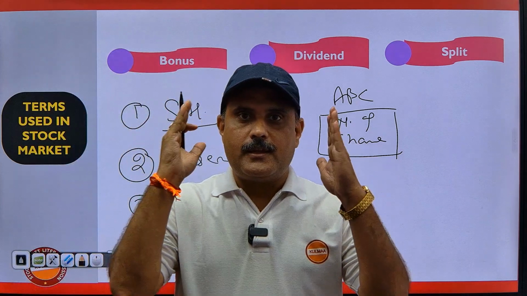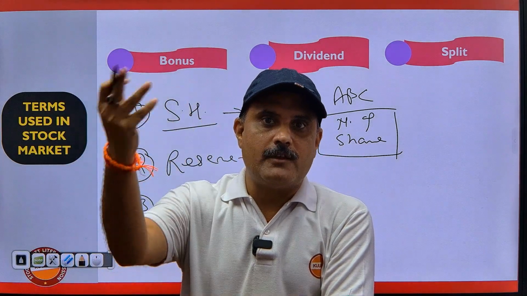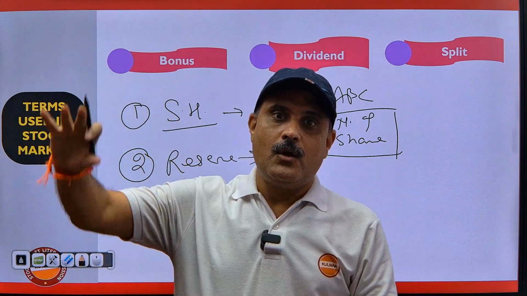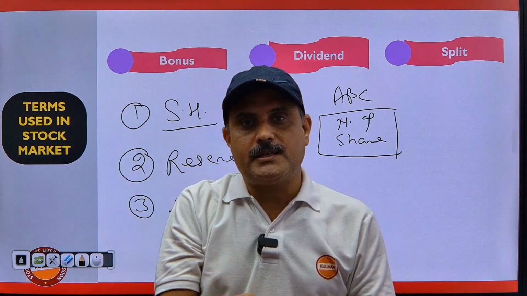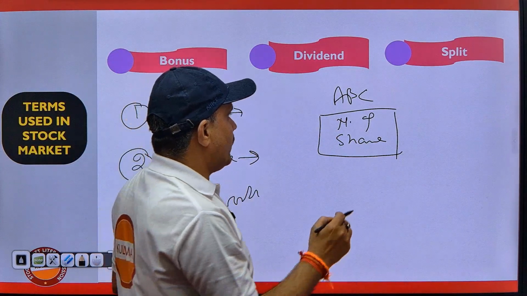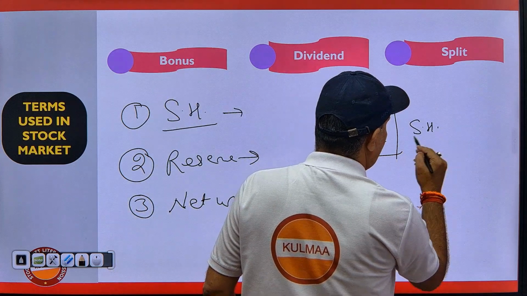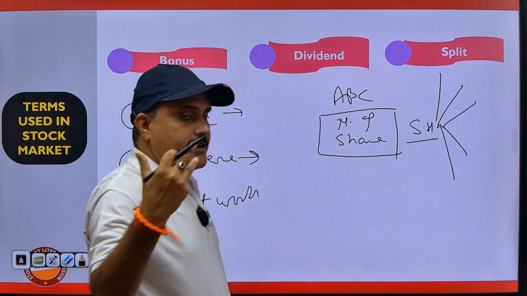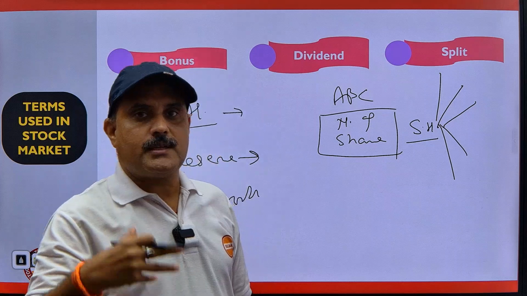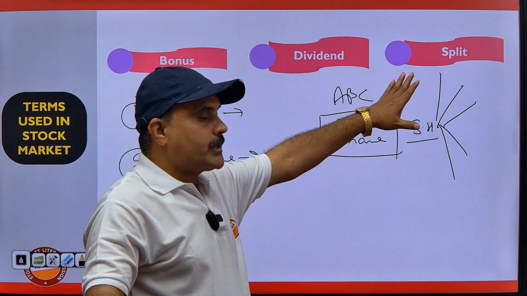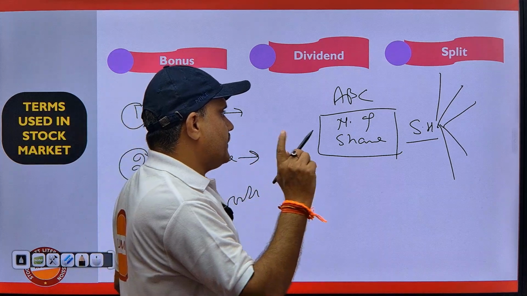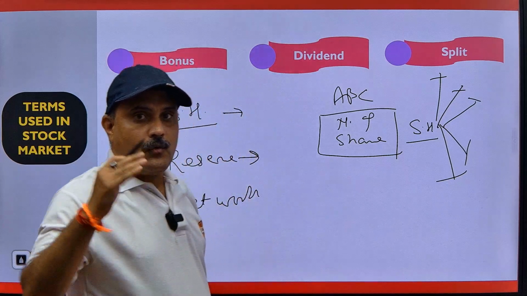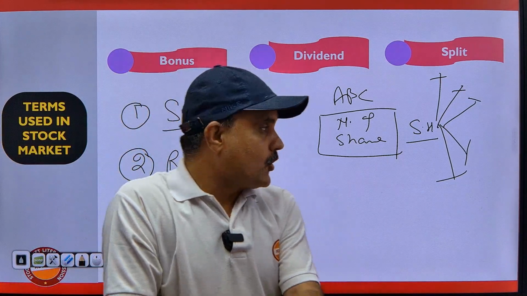There is a rule that if any company wants to list itself on the stock market, it has to list at least 25% of its shares on the stock market, and that 25% share will be known as the shareholding. Okay, and it will be distributed. That means as a retail trader, we can purchase 1 share or 1 lakh shares like that, or an institution can also purchase, but that 25% share will be distributed to shareholders which they can purchase from the stock market.